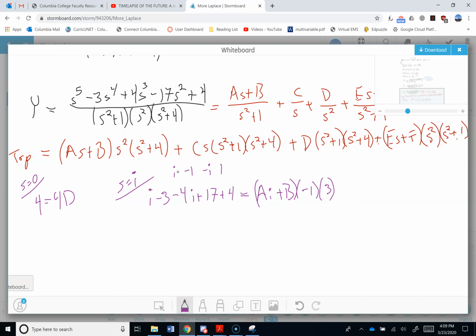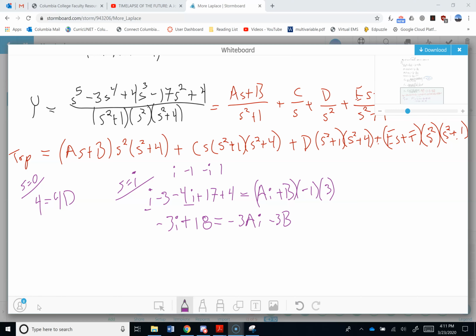So out of this, I have i minus 4i is minus 3i, and then numbers-wise, I have plus 18. And that's equal to minus 3Ai minus 3B.